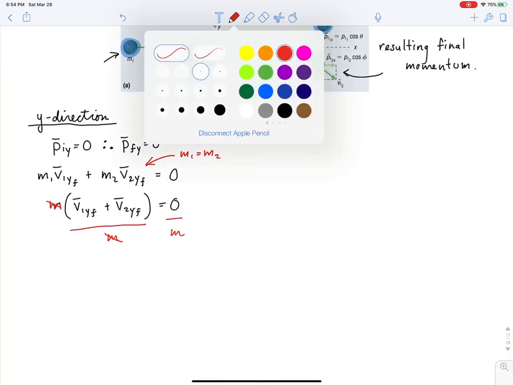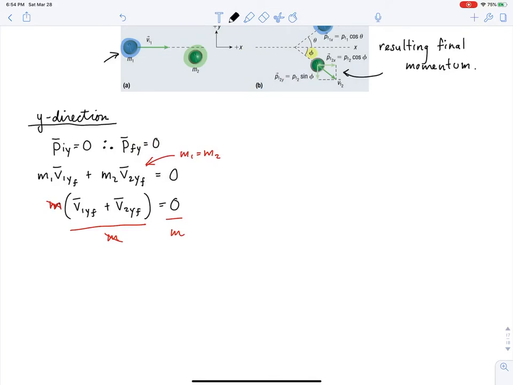And we know now that final velocity in the y direction of object number 1 plus final velocity in the y direction for object 2 is equal to 0.